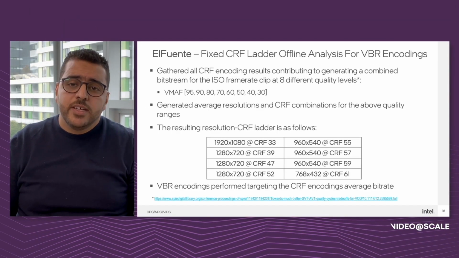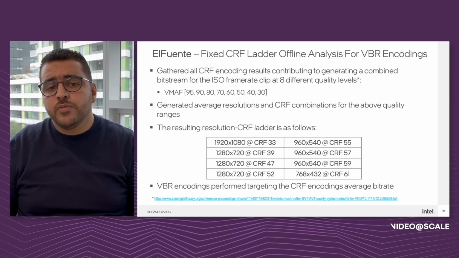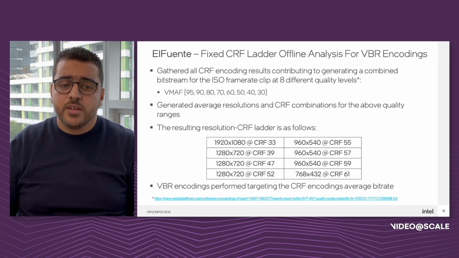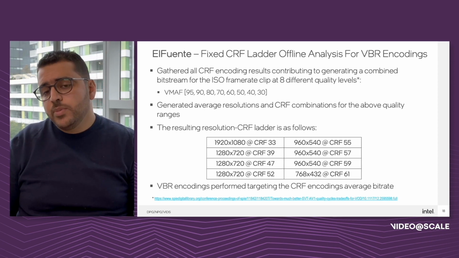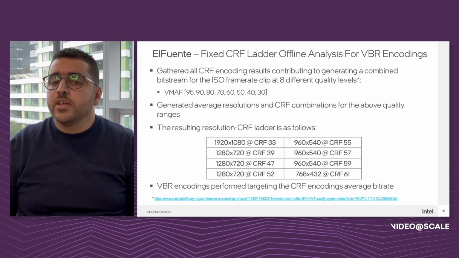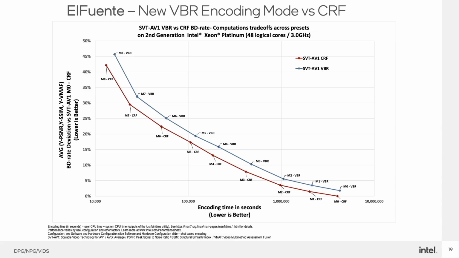Then we have taken the VBR mode of SVT-AV1, and we have run the encodings to match the average bit rates generated by the CRF mode. Going to the results of this comparison, on this slide we have the VBR encoding results in the blue curve per preset, and then we also have the CRF encoding results on the red curve.